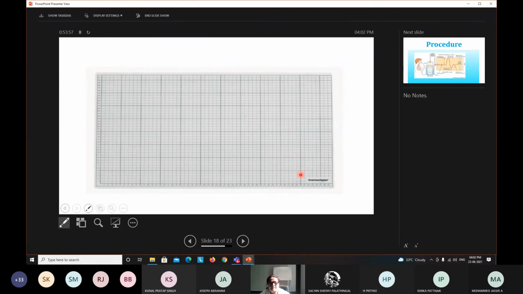And the x-axis, the time, again depends on the speed of the drum. If it is 2 millimeter, then the time scale will be different. If it is moving 17 millimeter per second, then the time scale will be different. So depending on the speed we are using, we have to calculate the time period. That I am going to tell you later in the procedure.